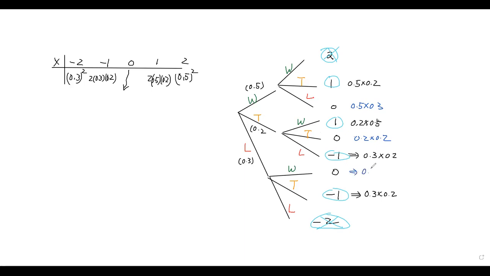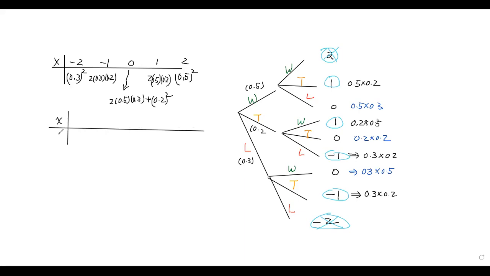This is 0.3 times 0.5. So for the zeros, my probability will be 2 times 0.5 times 0.3 plus 0.2 to the square. Then you just need to put it into your calculator and calculate those values.